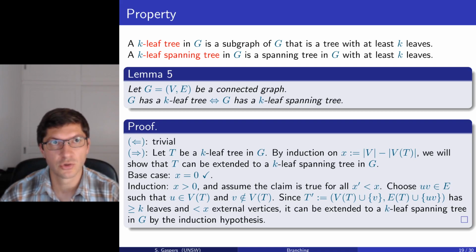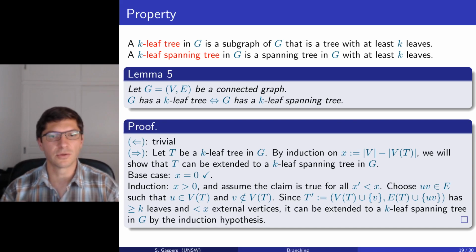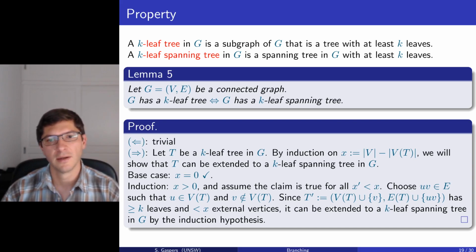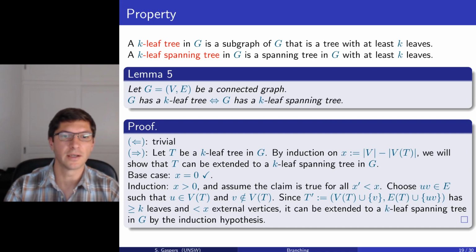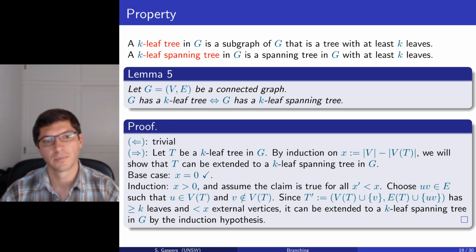We attach it to one vertex, and maybe that one vertex stops being a leaf, or it wasn't a leaf to begin with. But in any case, the number of leaves does not decrease, because the only two vertices that could change their status are the new vertex we add, which becomes a leaf, and the vertex we attach it to, which might stop being a leaf.